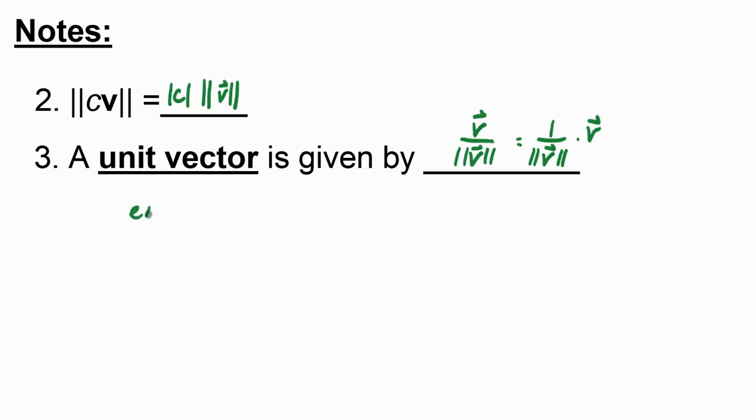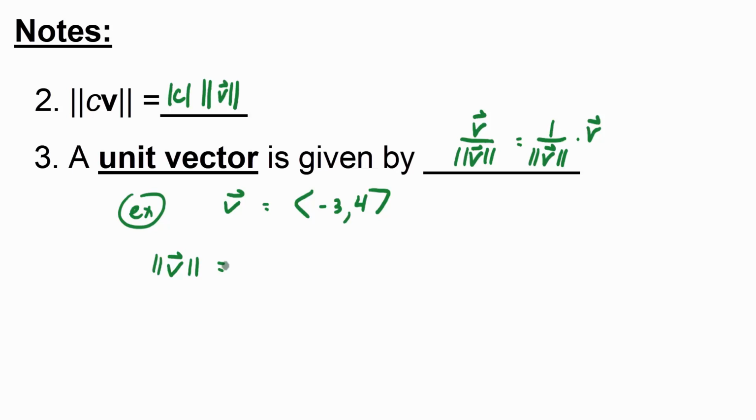Quick example. Let's take the vector -3, 5 in component form. No, let's make it even easier. Let's make it -3, 4 in component form. What's the magnitude of v? It's so common you could even do it without the Pythagorean theorem, without the magnitude formula.